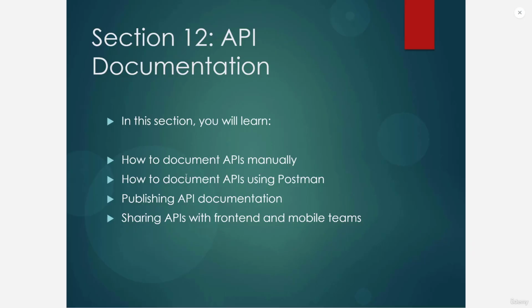All right, I'm going to show you how to document your APIs in multiple ways, how to document it manually, and how to document it using Postman, and also how to publish your API documentation and send a link to other developers, front-end developers mainly, so they can take a look at your API and they can deal with it.